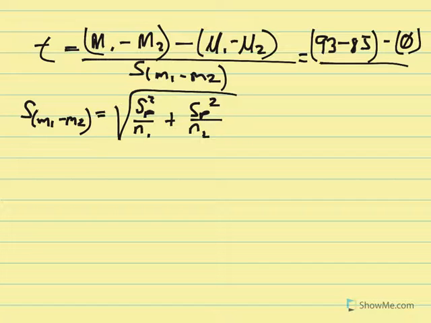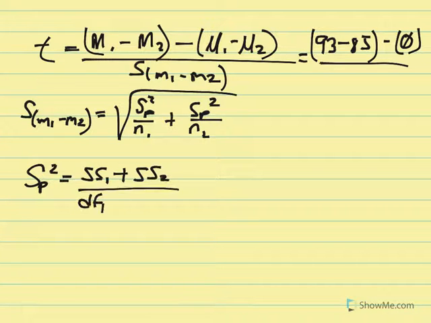So now we know that we need to calculate our pooled variance. So our pooled variance equation is SS1 plus SS2, sum of squared deviations, over degrees of freedom 1 plus degrees of freedom 2. And now we can calculate this. Again, we do have an alternate equation for pooled variance that was presented in the previous video, but given the statistics that we were provided or had to calculate, it makes more sense to use this equation because we just calculated SS. And calculating variance, which is needed for the alternate equation, would require one more step for each distribution.